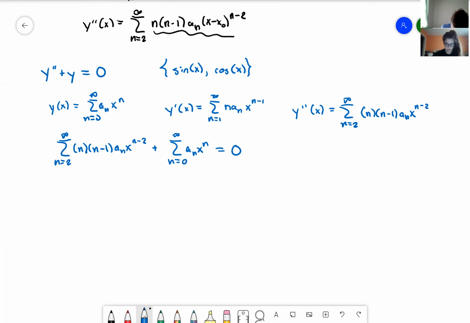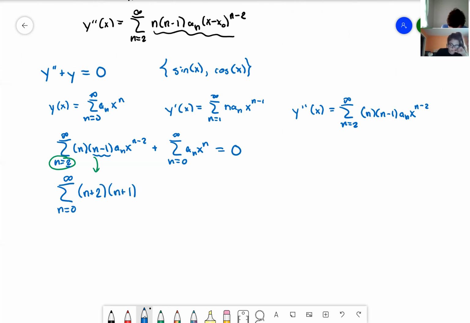In order to rewrite this, I want this one to be in terms of x to the n instead of x to the n minus 1, and I want to start from n equals 0. So I will say this one starts from 0. And if it starts from 0, what does n need to be? Well, in order to have the first one be 2, I need n plus 2. In order for the first one to be 1 here, I need n plus 1.